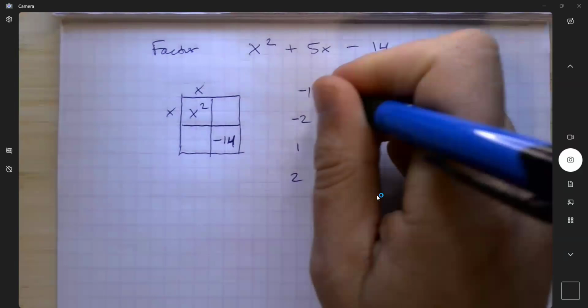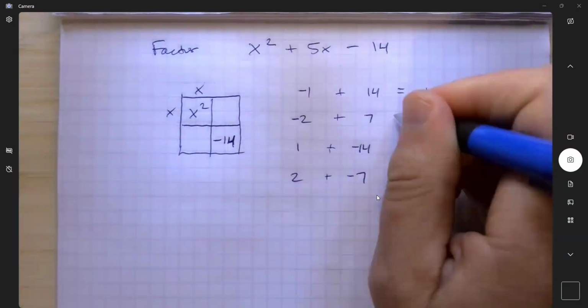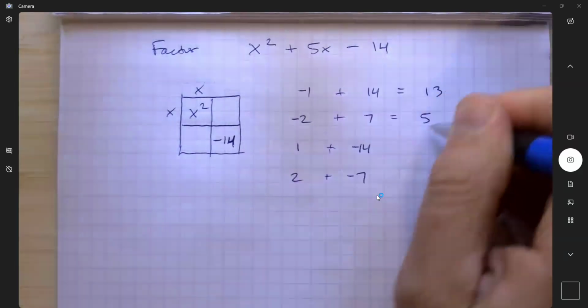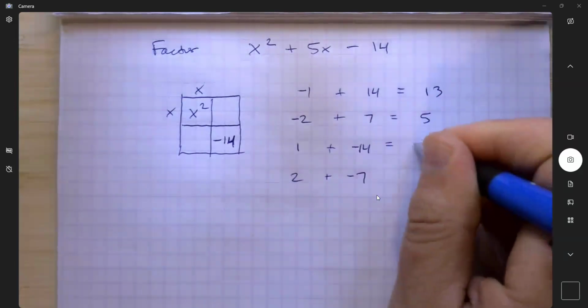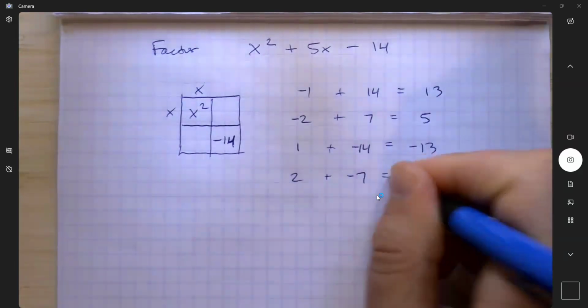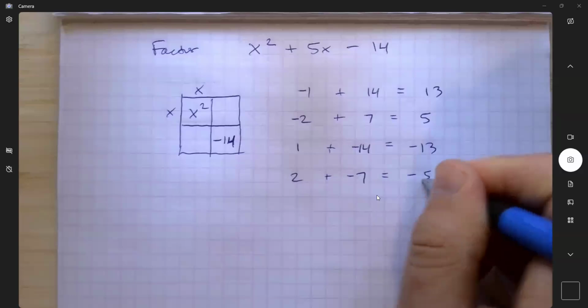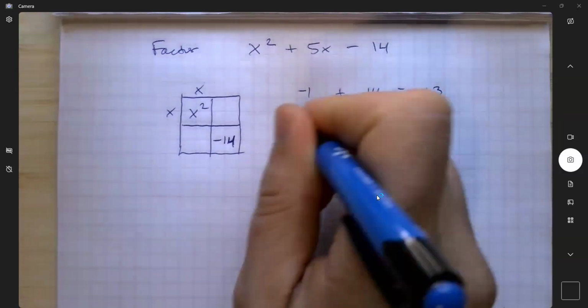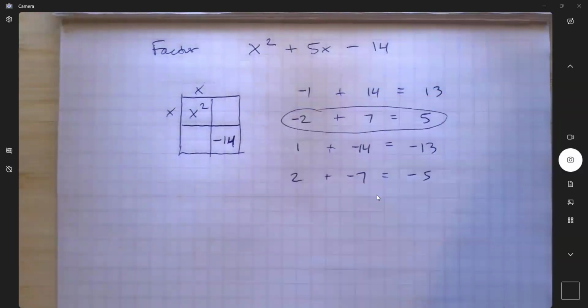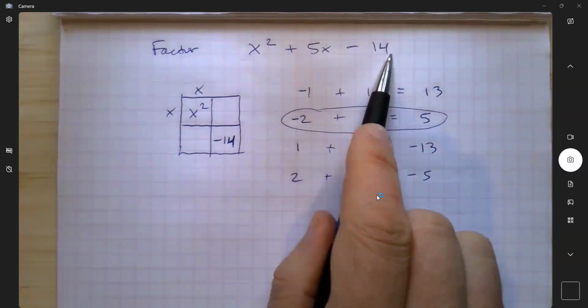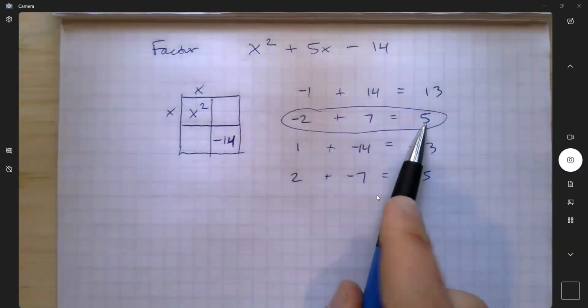But still, I just check by adding across. Negative 1 plus 14 is 13. Negative 2 plus 7 is 5. 1 plus negative 14 is negative 13. And 2 plus negative 7 is negative 5. You probably could have stopped after the second one, but I like to show them all. Aha, negative 2 and 7. Those multiply to equal negative 14 and add to equal 5.